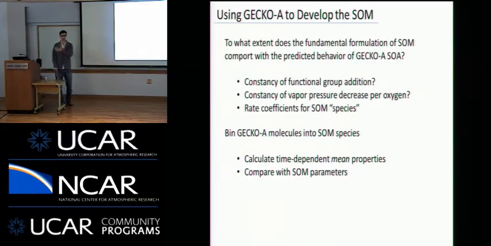And the question is, can we use that to guide refinement of this intermediate complexity model? Some of the parameterizations that I have, I just kind of made up. And the question is, did I make them up well or not? I tried to, but we can start to test those types of ideas.